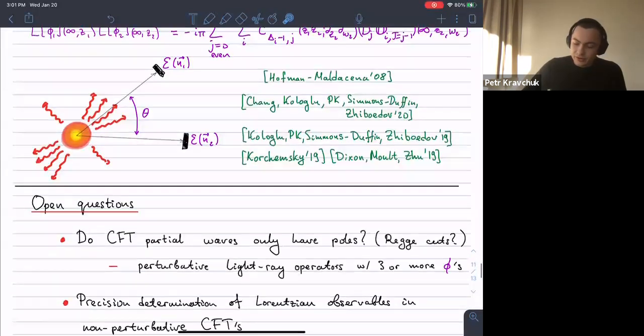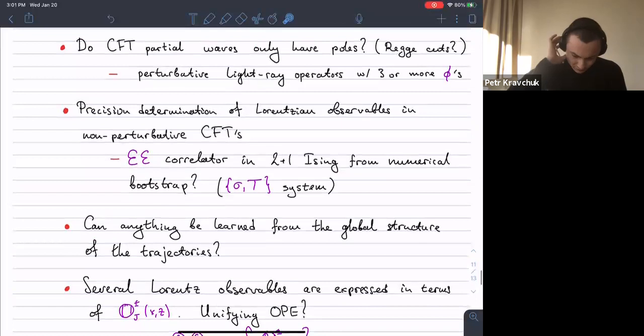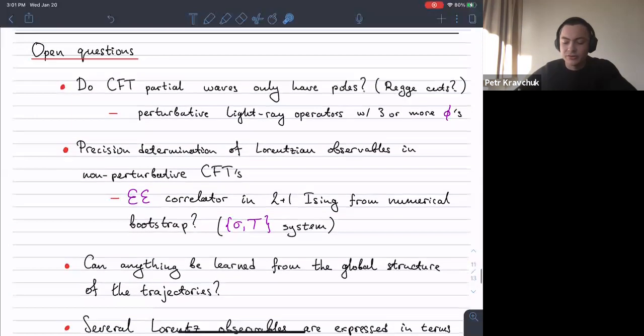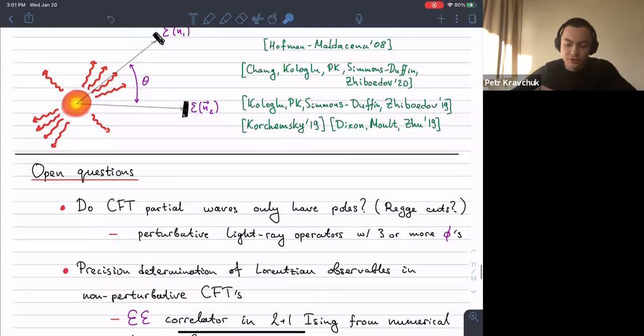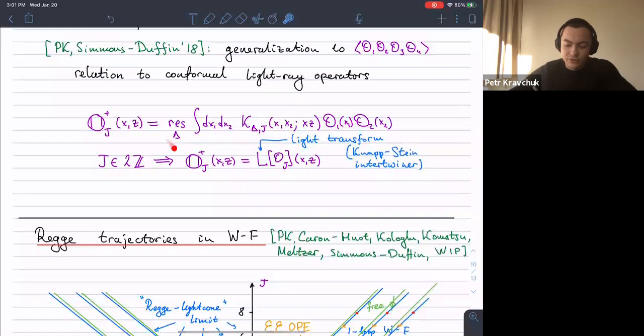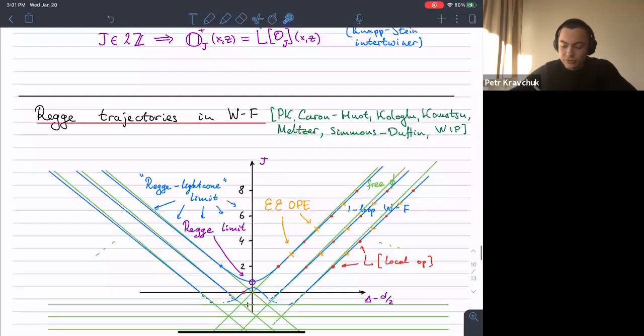I'll end here with some open questions. One important open question for this story, I think, is to understand whether these partial waves for conformal field theories have only poles. In other words, in this formula that I've written for light-ray operators, you had to take residues or discontinuities, and the question is, can you always take residues, or do you sometimes have to take discontinuities?